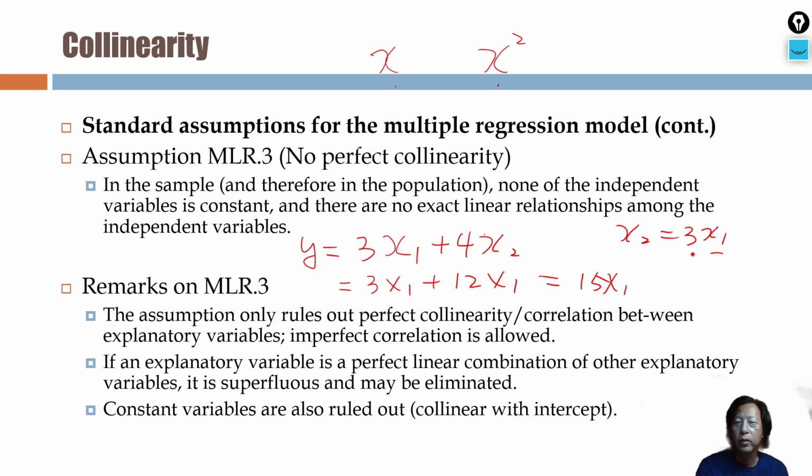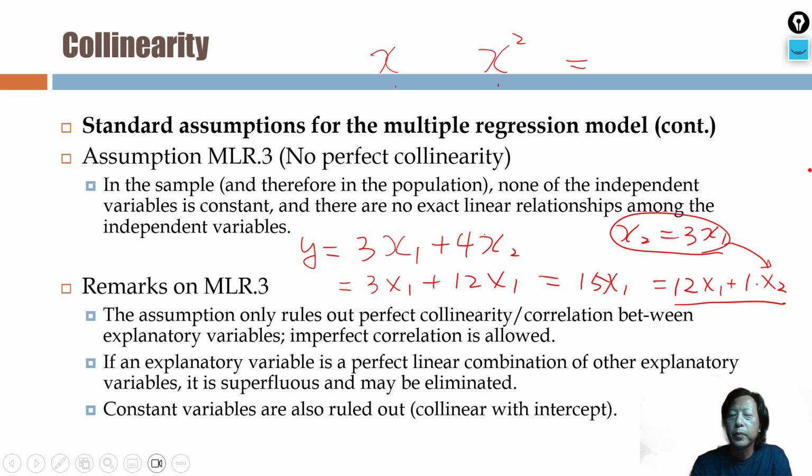Or what we can do is, 15x1 is like 12x1 plus 1 times x2. This will also be 15x1, right? Because x2 is 3x1, so it's 15x1. So we can create a lot of different forms.